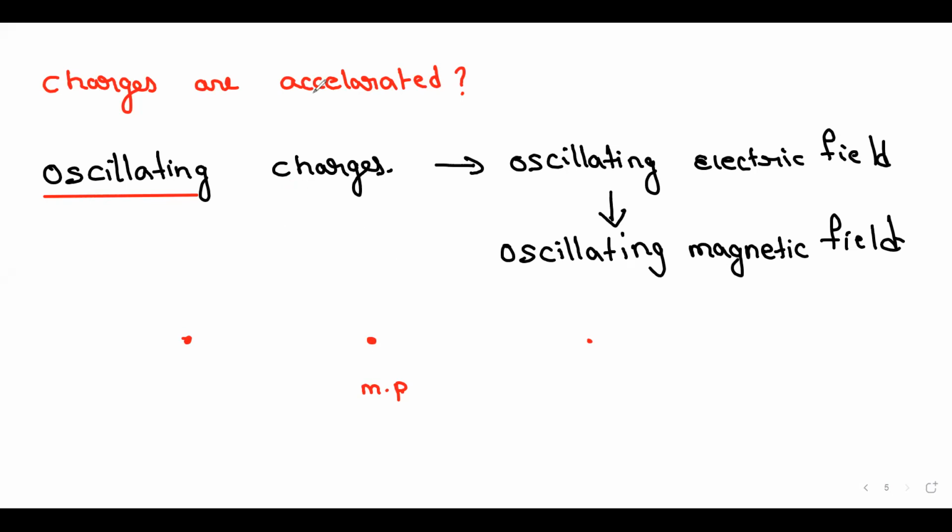If this charge moves like this, it is called an oscillating charge. It is moving about a point, so it is called an oscillating charge. So an oscillating charge produces oscillating electric field. Oscillating electric field produces oscillating magnetic field.